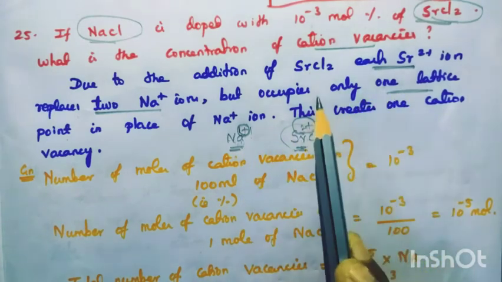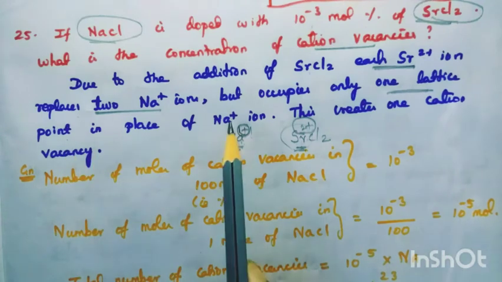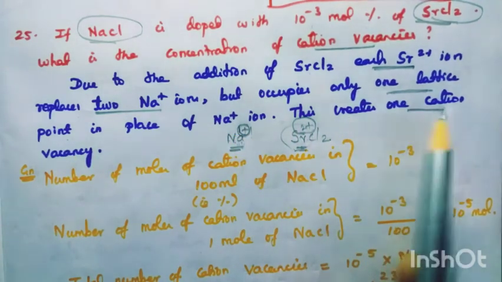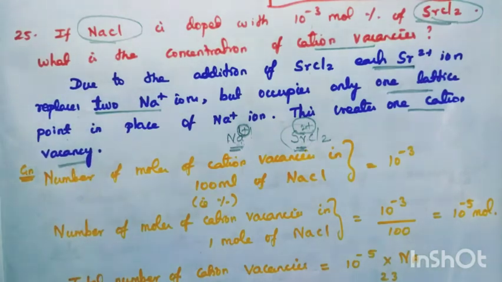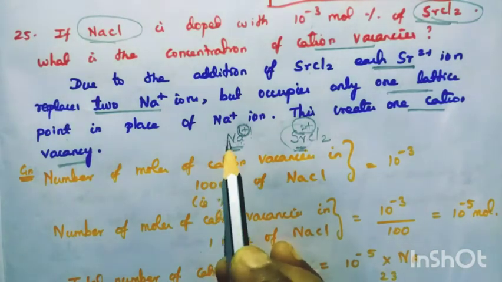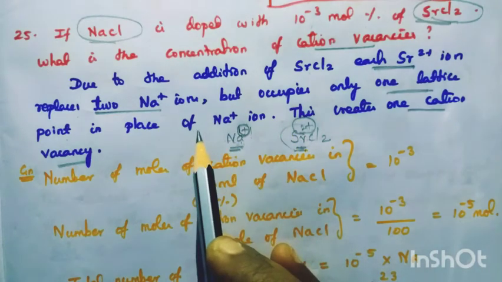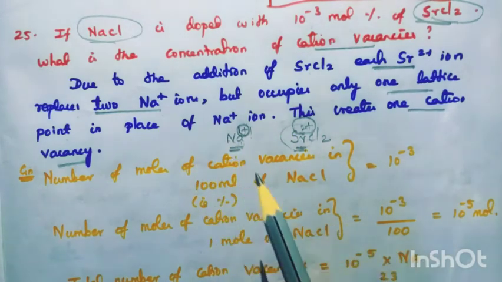So, it occupies only one lattice point in the place of Na plus ion. Therefore, this creates one cationic vacancy. 2 Na plus is replaced, but 1 Sr2 plus is placed. That means 1 Na plus place is empty, no? That is called a cationic vacancy.